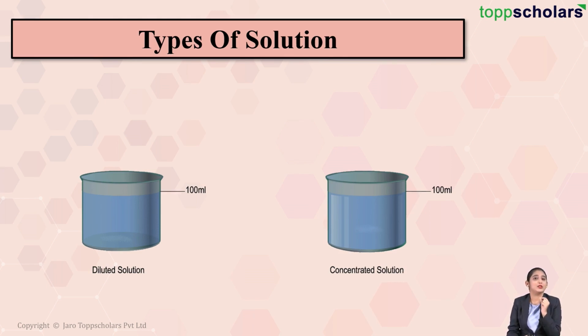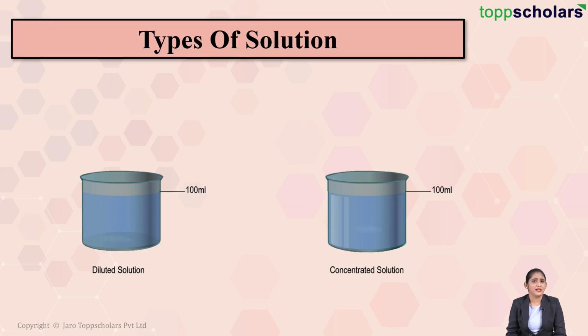As we said, a dilute solution contains a small amount of solute, right? Whereas, if I look at the second beaker, that is the second solution, the amount of solute that I added was more, right? So, this solution is a concentrated solution, because we said that a concentrated solution contains a large amount of solute which is dissolved in the solvent.